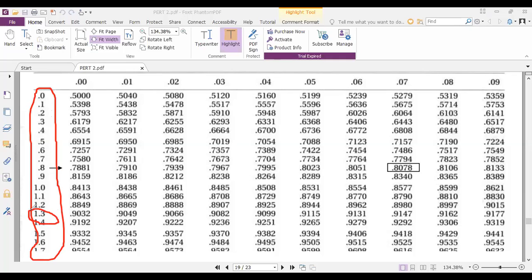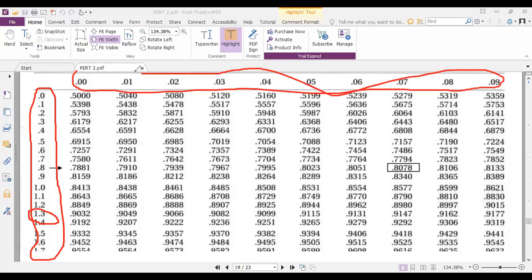This table is given to you, or on the calculator also you can calculate these values, but now we will use this reference table. Our value is minus 1.34. Here the further decimals are shown on the upper side. Just look at this side. I think everybody is busy finding this round shape.